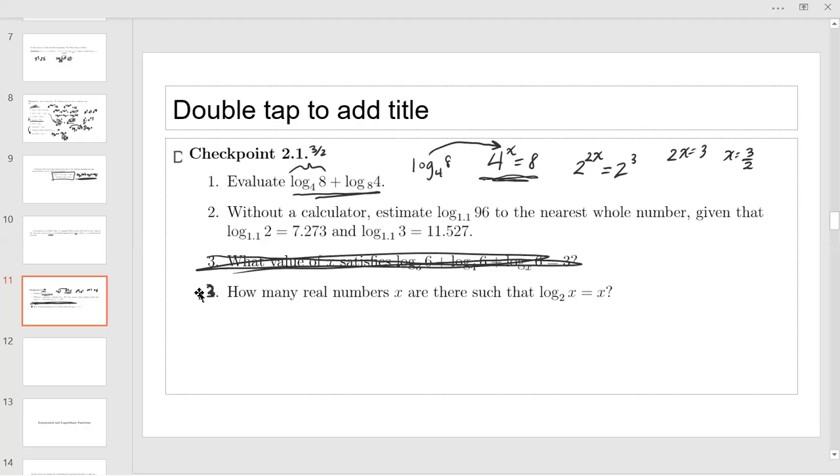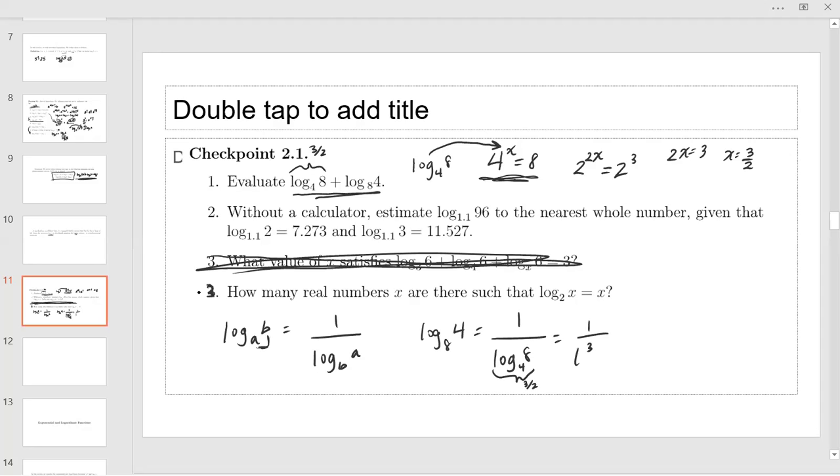Now we can use the property that the log of b base a is equal to 1 over the log of a base b. So we're just switching the base and the argument. So log 4 base 8 would be equal to 1 over the log of 8 base 4. And we already computed this to be 3/2.